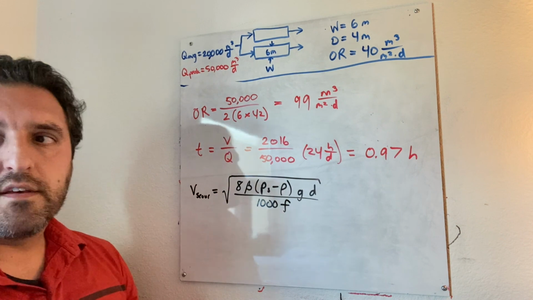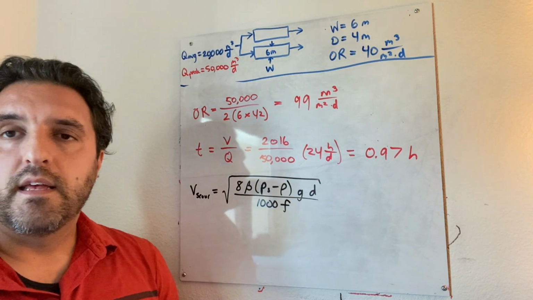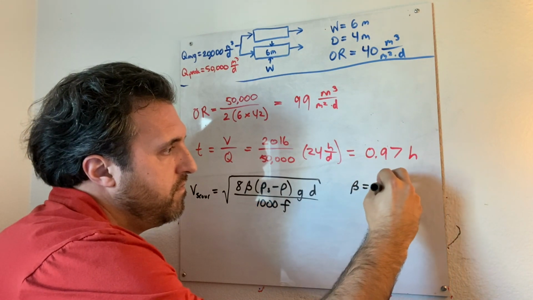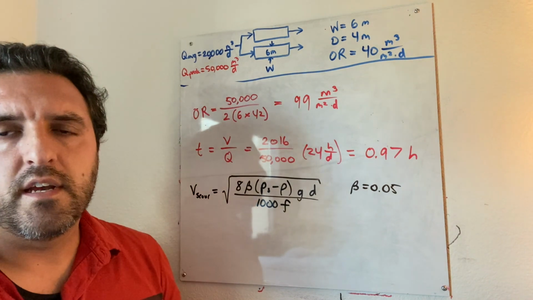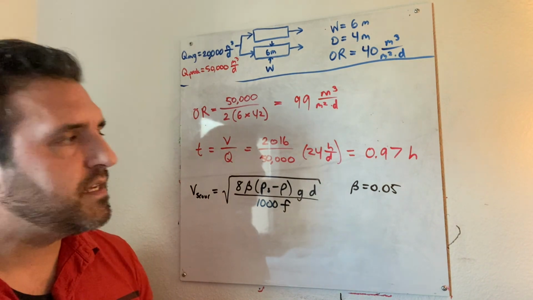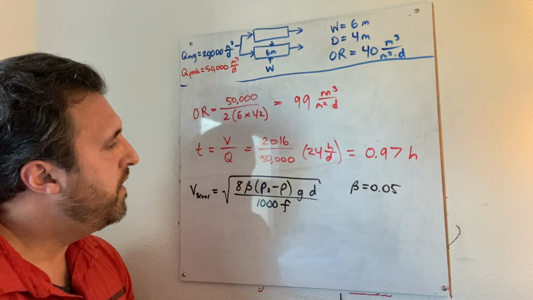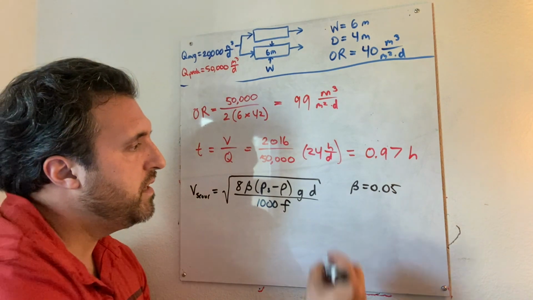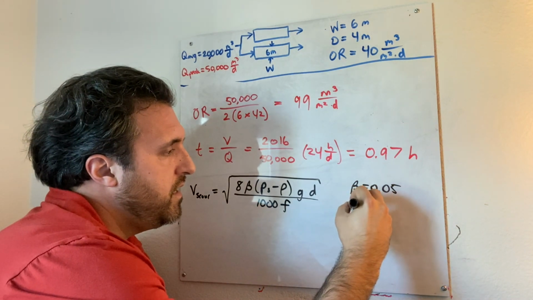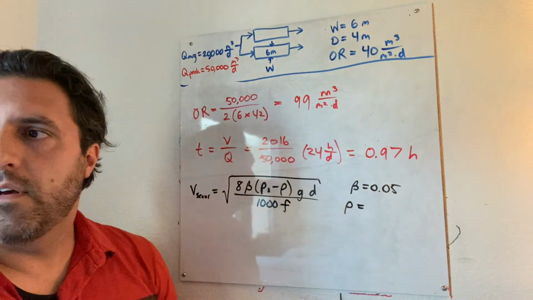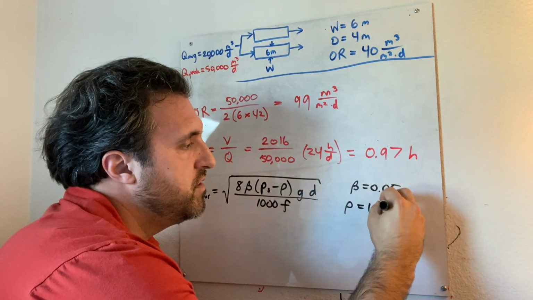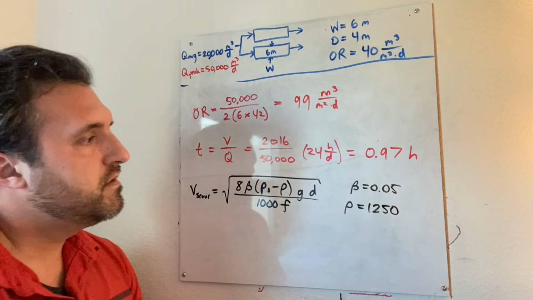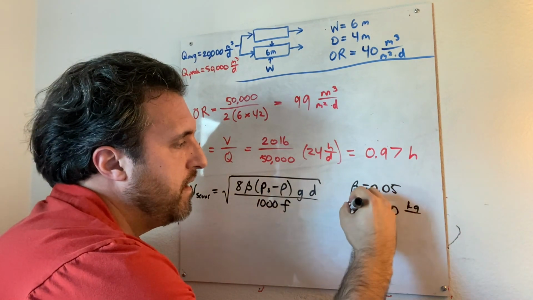So let's use the following values. For the cohesion constant, let's use a value of 0.05. We're dealing now with primary sludge. It's a little bit more sticky than sand, but it's not quite as sticky as activated sludge. We can assume the density of the sludge is equal to 1,250 kilograms per cubic meter.